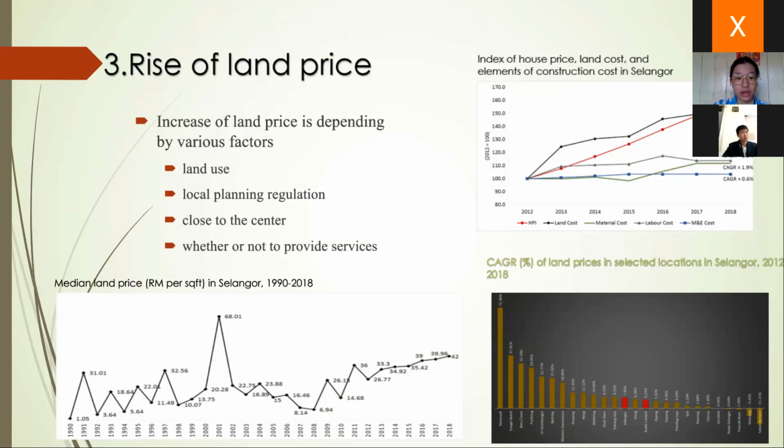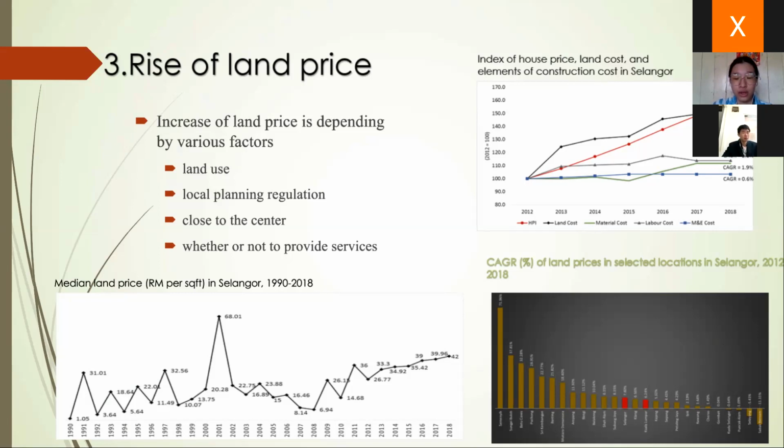Besides that, in Selangor, the land price has been rising for the past few decades, although the process has been fluctuating. As you can see on the median land price, the land price in Selangor has changed over time based on previous land transaction records, from RM 1.05 per square feet in 1990 to RM 42 per square feet in 2018.